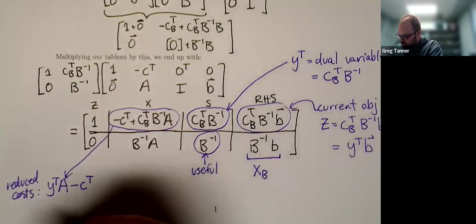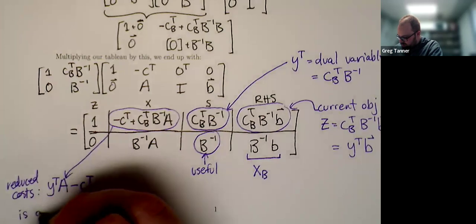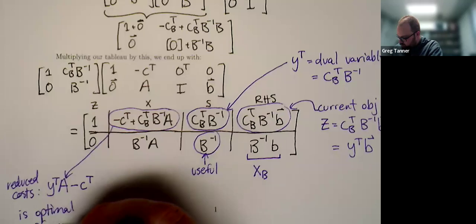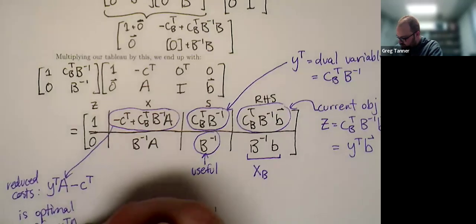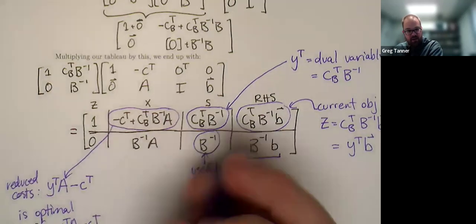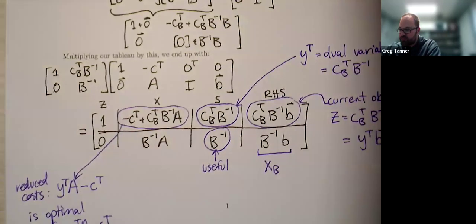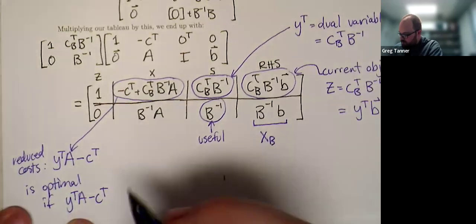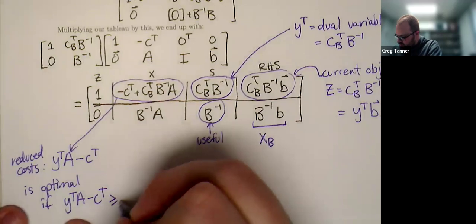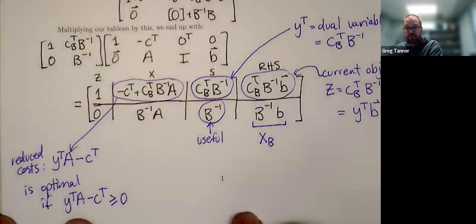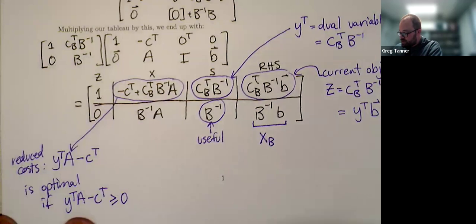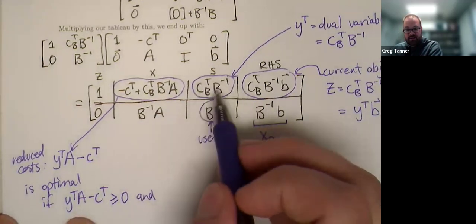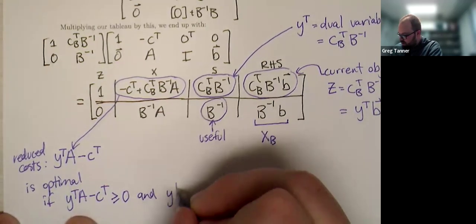Okay. Our current basis is optimal if Y transpose A minus C transpose, the quantities underneath the original variables there, let me slide this up a little bit, are all greater than or equal to 0 for a maximization problem, as well as we also need the values underneath S to be greater than or equal to 0.